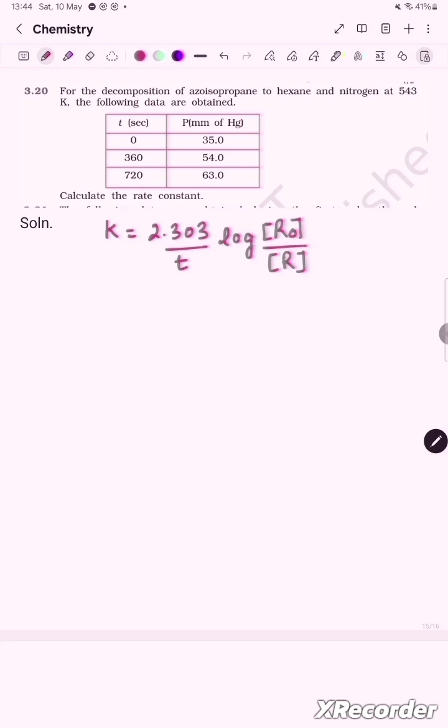So the formula is k is equal to 2.303 by t log Pi, that is initial pressure, by Pi minus P, that is final pressure, or you can say remaining pressure.